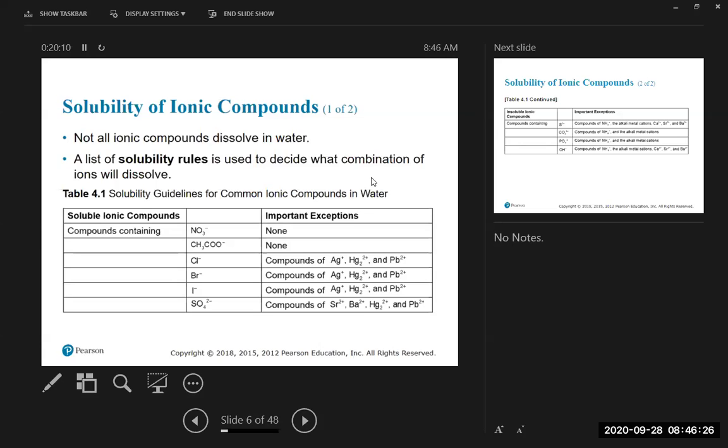Chloride has some exceptions. Silver chloride is a precipitate, as are mercury chloride and lead chloride, and the same goes for bromide, iodide, and sulfate. Of all those, the silver chloride one is a pretty famous precipitate in the world of chemistry. It's commonly used in titrations to determine how much chloride is in something, using that silver chloride precipitation titration.